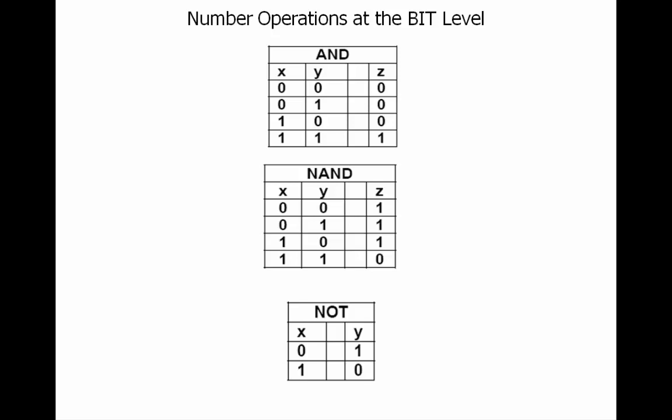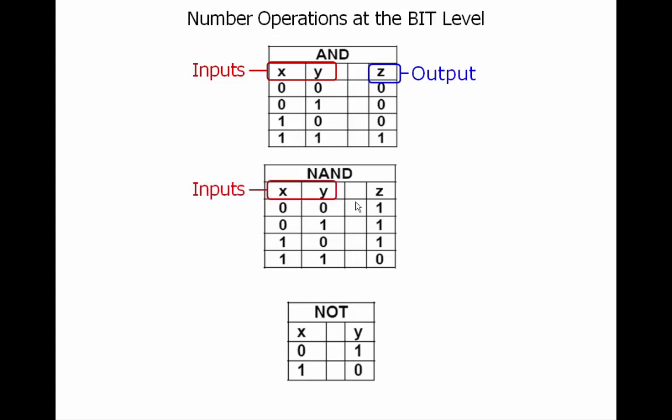There are a number of operations that can be performed at the bit level. These operations should be covered in lecture, but briefly, the AND operator has at least 2 inputs, and the output is set to 1 only when both inputs are equal to 1.